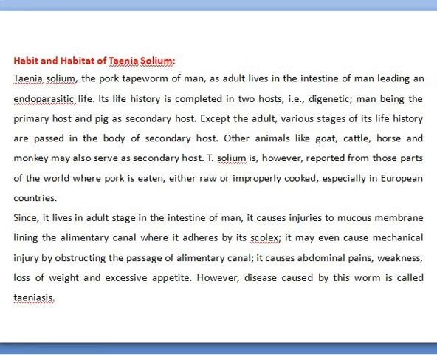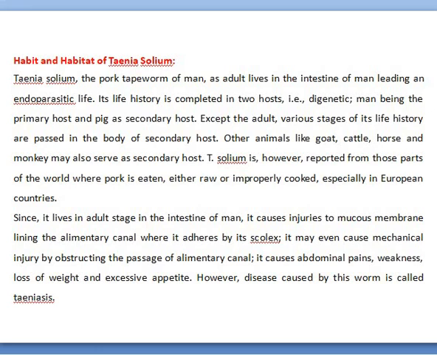Taenia solium is the pork tapeworm of man, and its adult lives in the intestine of man, leading an endoparasitic life. Its life history is completed in two hosts, that is, it is digenetic, with man as the primary host and pig as the secondary host.